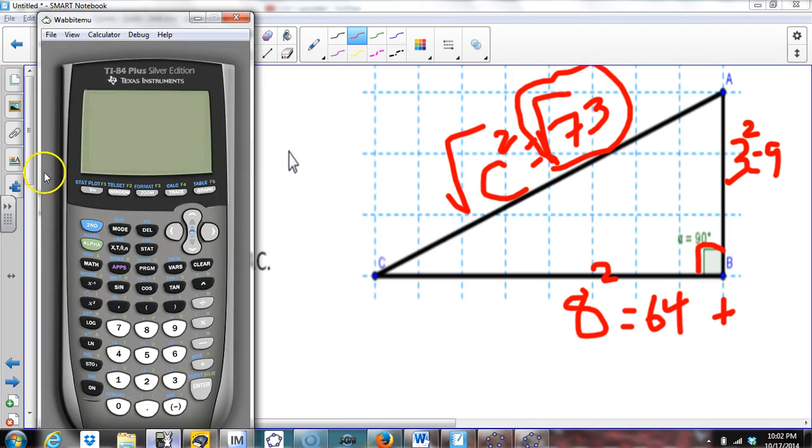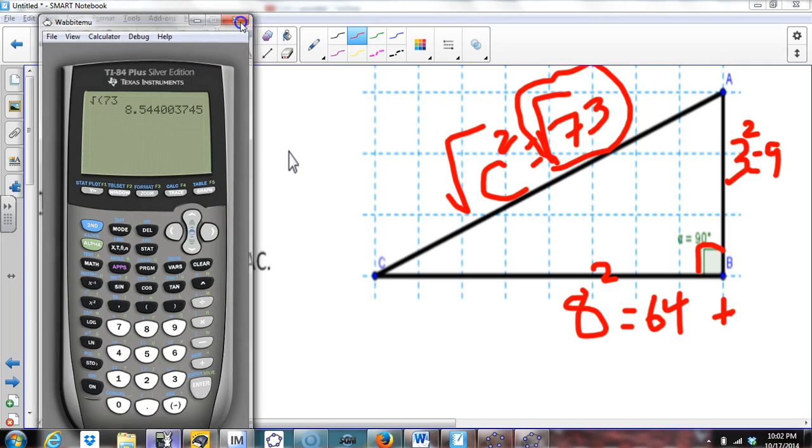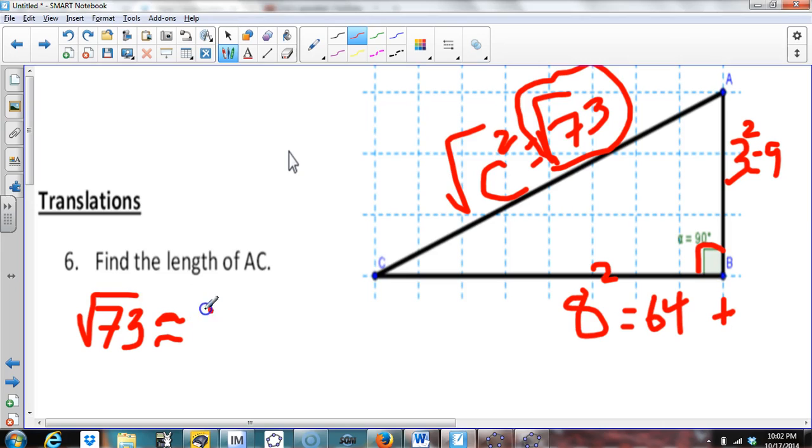And let's use the calculator here and find out what that is. Square root of 73, 8.544. So just about 8 point, we'll say 54. So that's the length of AC using Pythagorean's theorem and using our translation concept of thinking about horizontal and vertical movement.